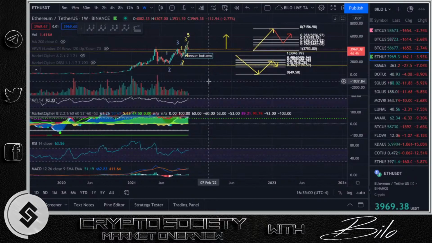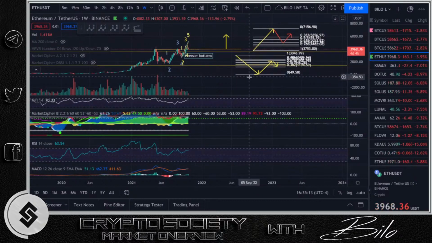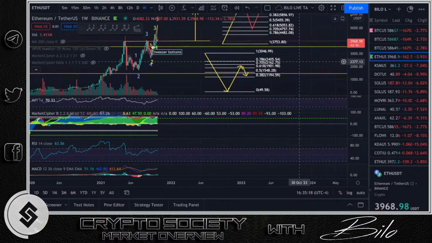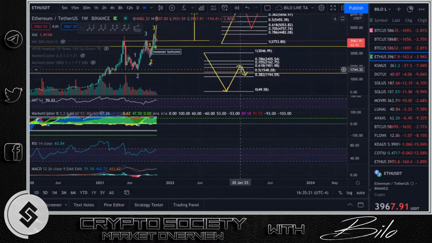So I was explaining last week, or the week before, it doesn't really matter. When we look at Fibonacci retracements, guys, most of the time, not always, there are a few ratios in Fibonacci that are very important. There's the golden ratio, which is 0.618.